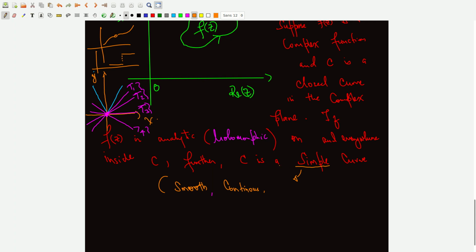And what else? Another important property when we are talking about simple is that it is non-intersecting. If it is intersecting, maybe you could have something like this. It intersects itself and then comes like that. That is not simple.